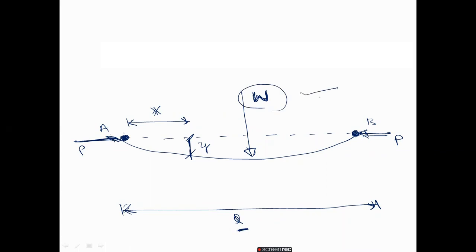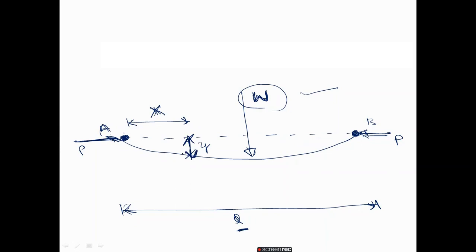After that, we take a section at a distance of x from the NDA. At the section, let us take the deflection as y. These are the conditions: the column has pinned connections at both ends.